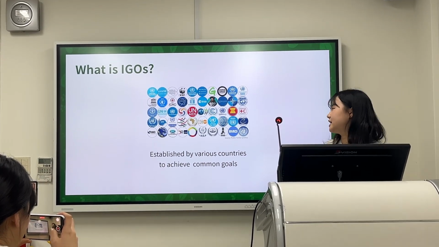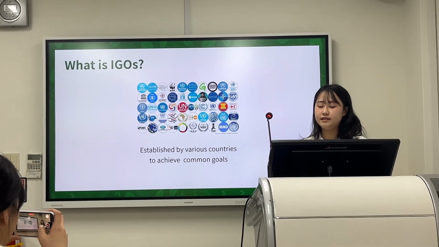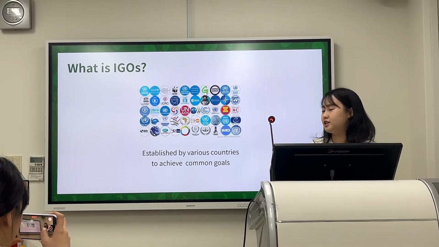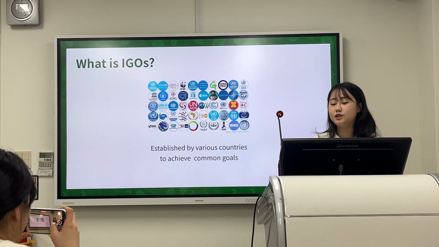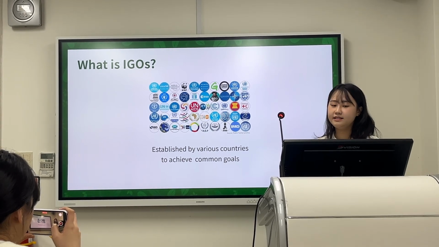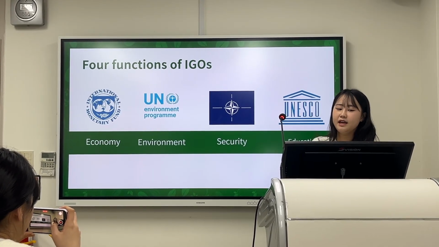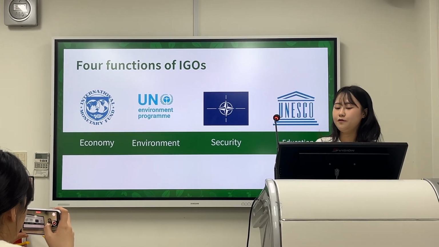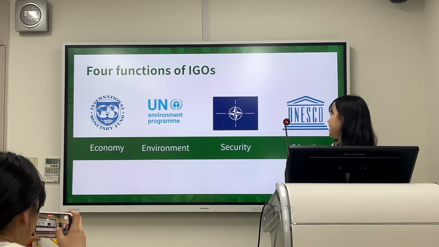IGO is International Governmental Organization, and IGO is established by various countries to achieve common goals. And IGO have various functions and have various kinds depending on the function. So we want to explain the 4 functions of IGOs: economy, environment, security, and education.